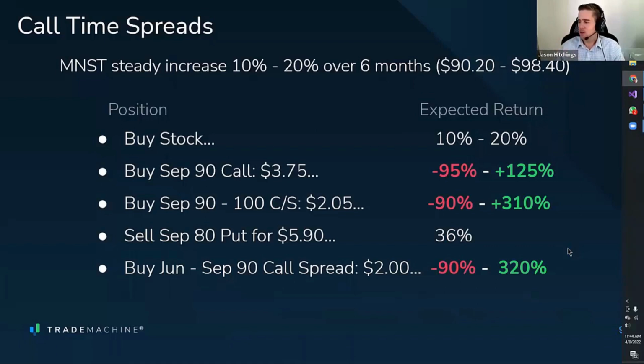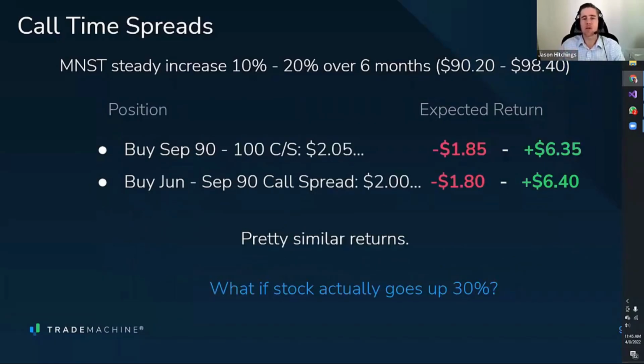But what if things unfold a little differently than we're expecting? We have an expectation that the stock's going to move between 10 and 20% over the next 6 months. What if it moves more than that? What if it moves 30% over the next 6 months? Then how do these two positions look?